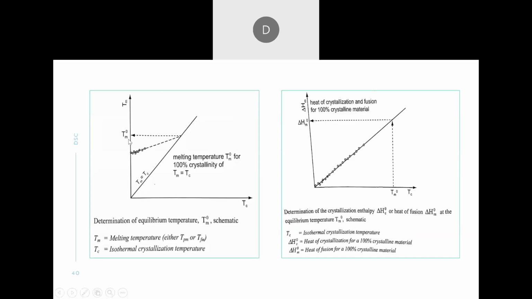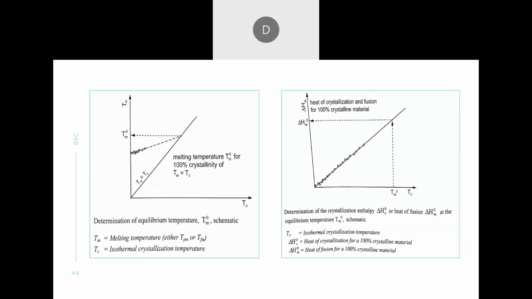To find the value of Tm naught, we take the sample, heat it above the melting point temperature, and cool it to a temperature, let us consider T1. We maintain T1 constant and allow the sample to crystallize.